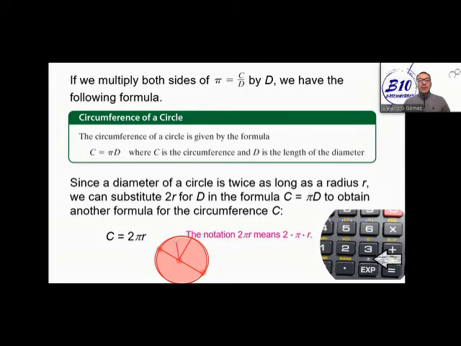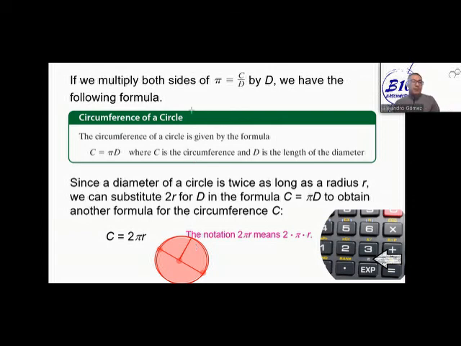So there is one radius, 2, 3, 4, 5, we can have an infinite amount of radii. You call it the plural, radii. So the radius is half the distance of the diameter. So if you multiply 2 times the radius, you have the diameter.